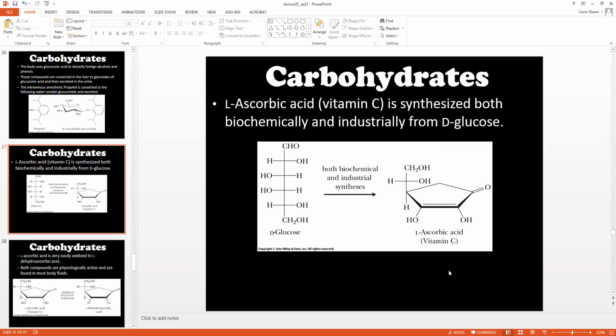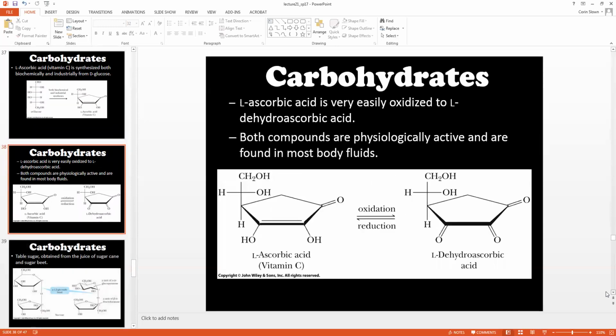This is an example of a starting material that can then be oxidized to L-dehydroascorbic acid. So both of the compounds are physiologically active and are found in most bodily fluids.